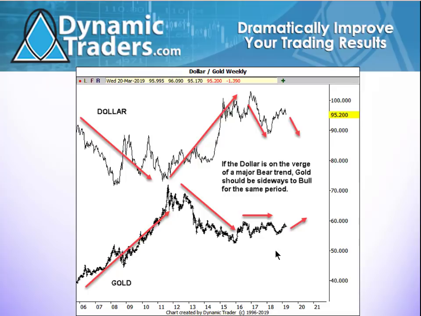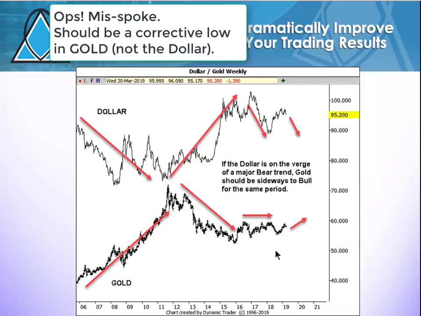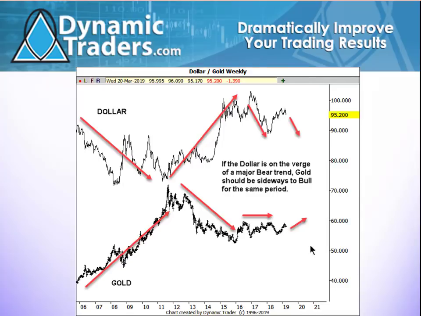Looking at it independently, technical analysis says that by the end of next week, the very latest the following week, in other words, around late March into early April, there should be a corrective low in gold, which is likely to be followed by a continuation of the bull trend. And I think I said the dollar, I meant gold: a correction in gold followed by a bull trend to a new high.